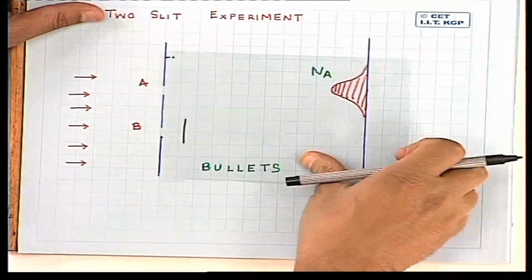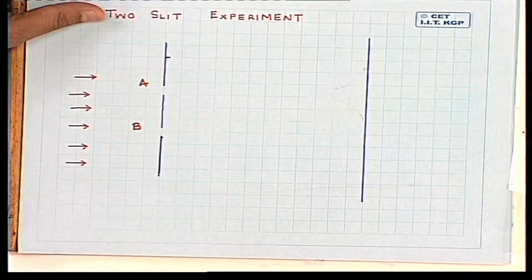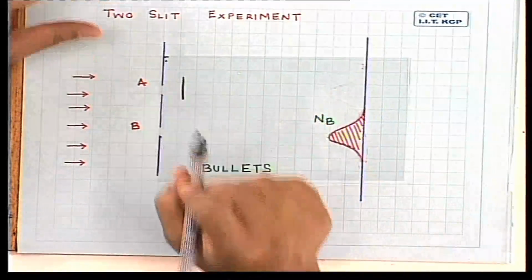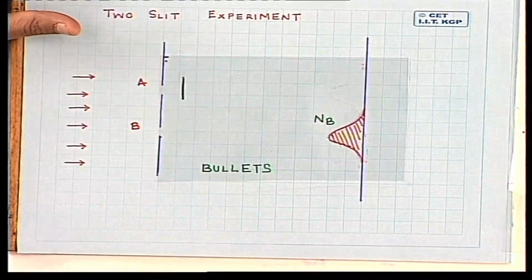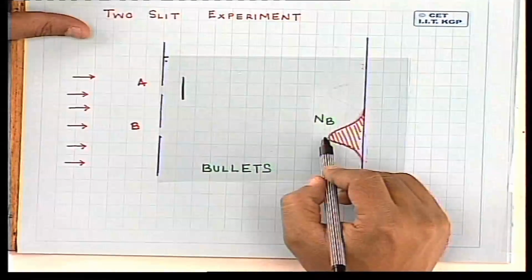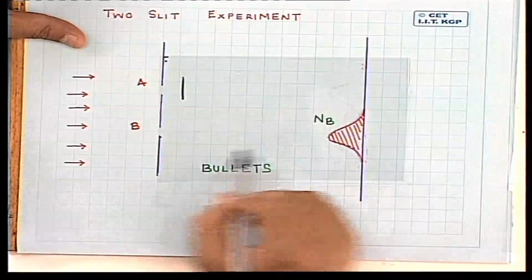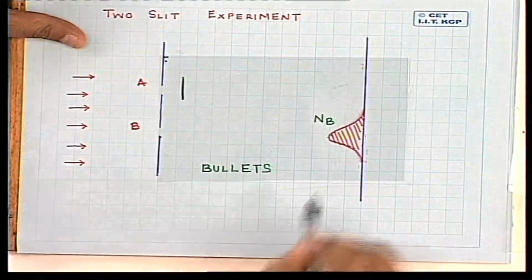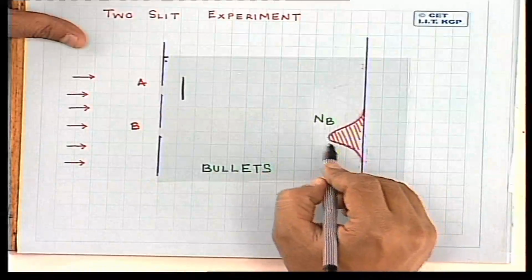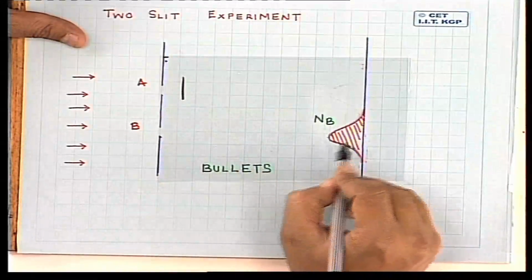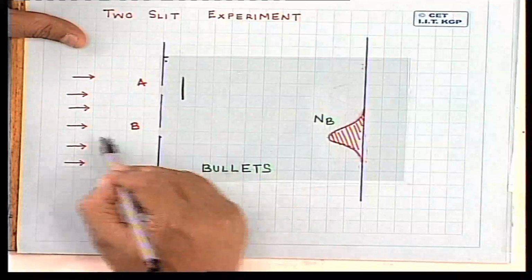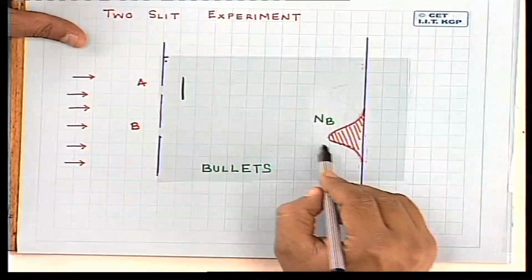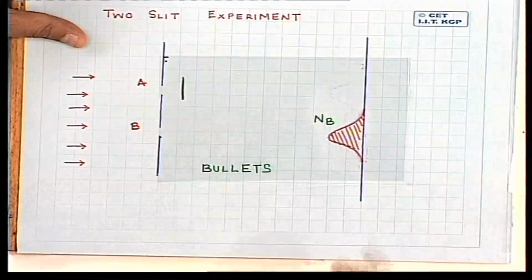Now let us consider a different situation. Let us consider the situation when slit A is blocked and slit B is open. We expect a very similar pattern except that the center has now shifted to the position corresponding to slit B, and again we have the maximum in the bullet distribution just behind slit B, and there will be stray bullets at angles which will be distributed around this point corresponding to B, and they will have some kind of a finite distribution.